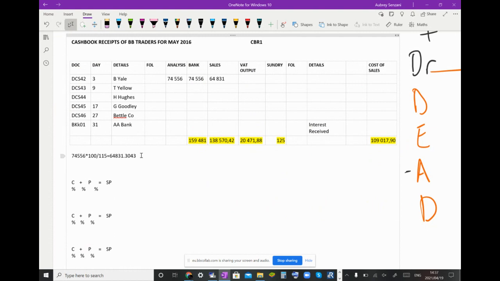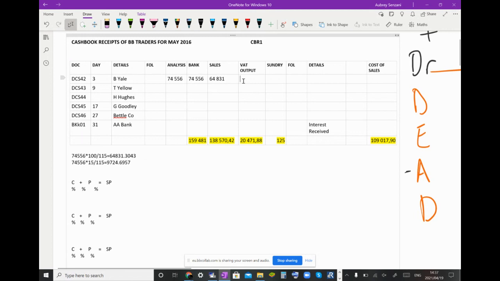Then the next thing we need to do is to calculate the VAT. Okay? How do we do that? We say what we want is the VAT portion. Let me be consistent: 74,556, and then we say times what we want, which is VAT, 15%, divided by what we have, which is 115. And then you get that 9,000.